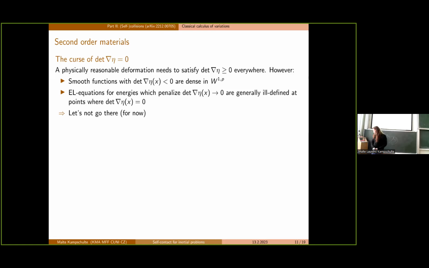Because, if you do the calculation, if your energy is something plus the Jacobian determinant to some power A, then your Euler-Lagrange equation will involve testing some test function against all the other stuff, and then it's going to be the cofactor matrix times the test function, and it's just chain rule.